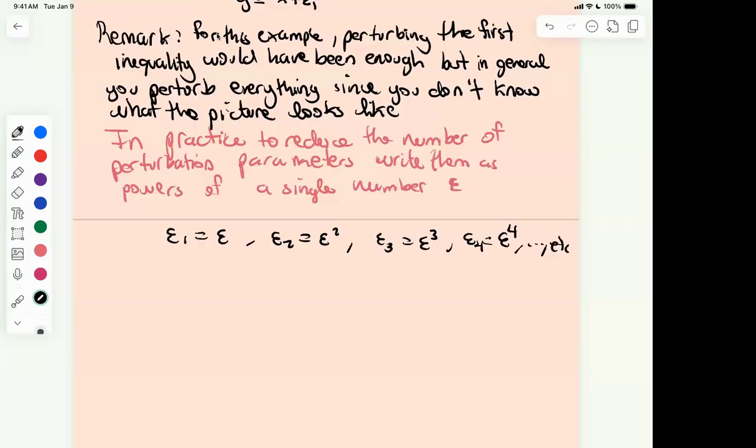Let's answer something a little bit simpler than what you're saying. Why wouldn't I just take them all to be the same? If I take them all to be just epsilon, I do run the risk, because we're going to reduce with row operations, and row operations are like multiplying rows by constant coefficients, of putting myself in the degenerate situation again, because having all the perturbations be exactly the same is a very special condition.